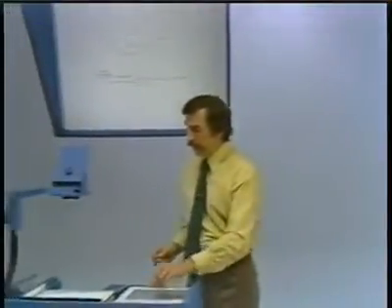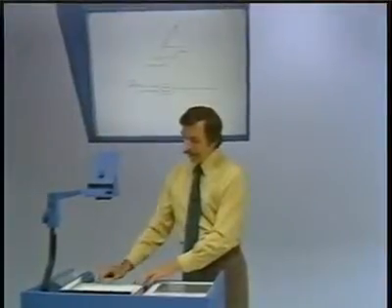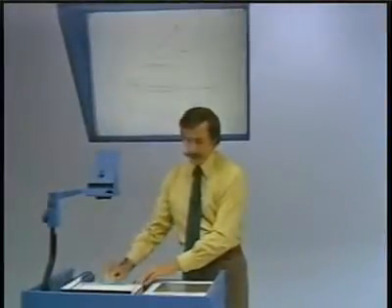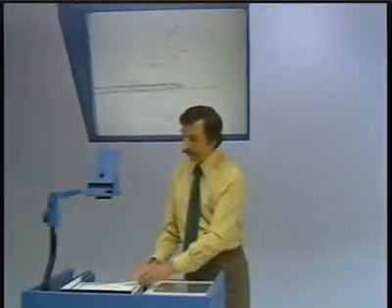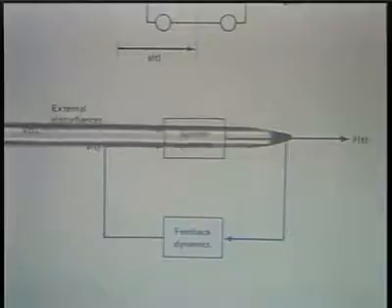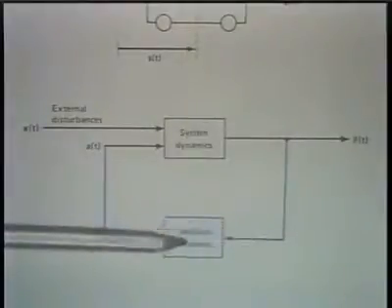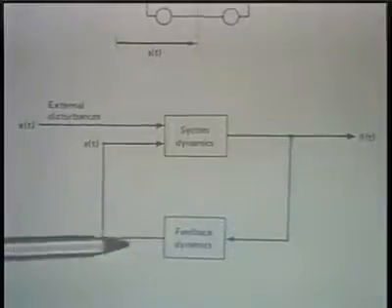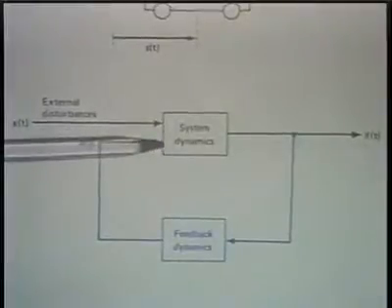So the idea then, as we'll see, is to stabilize the system by placing feedback around it, in particular through a measurement of the output angle processed through some appropriate feedback dynamics, using that to control the acceleration of the cart.